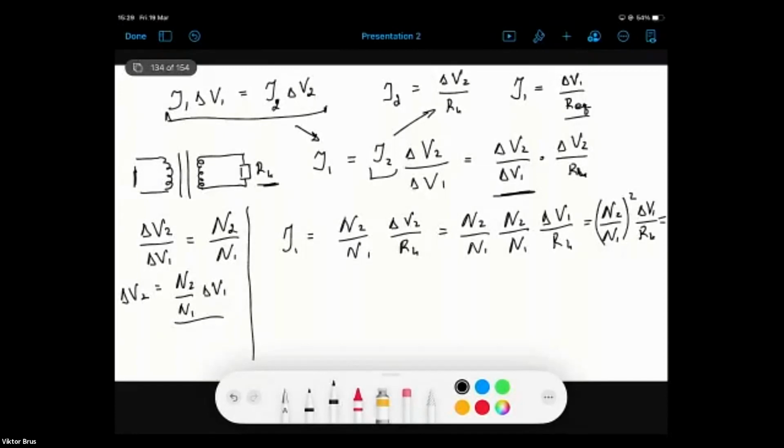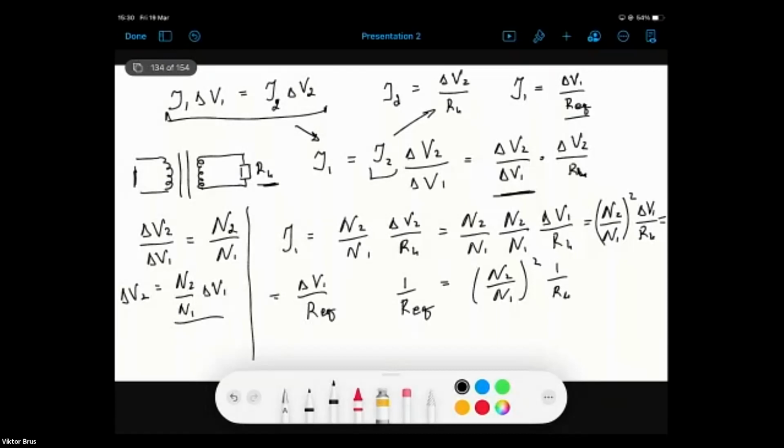Again, this can be expressed in terms of equivalent resistance. That will be delta V1 divided by R equivalent. From here, we can express the value for the equivalent resistor. So it will be 1 over R equivalent equal to N2 divided by N1 squared times 1 over RL.